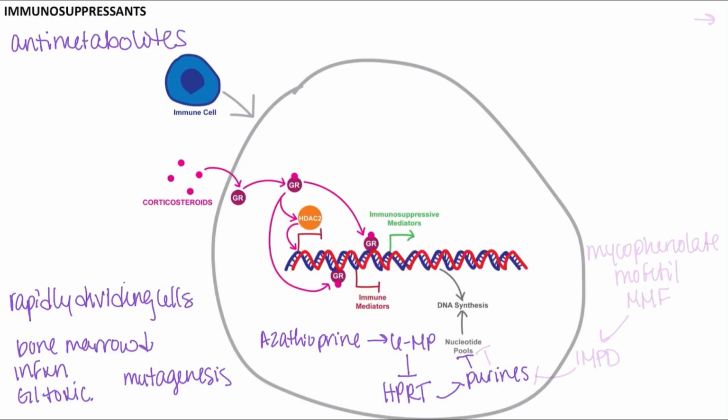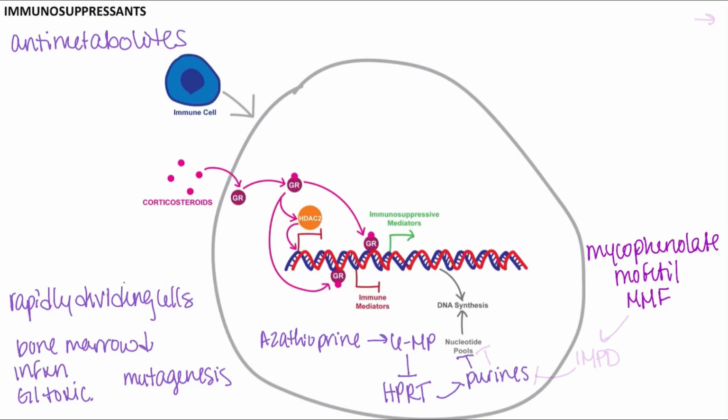So our next antimetabolite that we haven't yet talked about in any previous videos is mycophenolate mofetil. And you'll commonly see this abbreviated as MMF. And mycophenolate mofetil is a prodrug that is metabolized to mycophenolic acid.